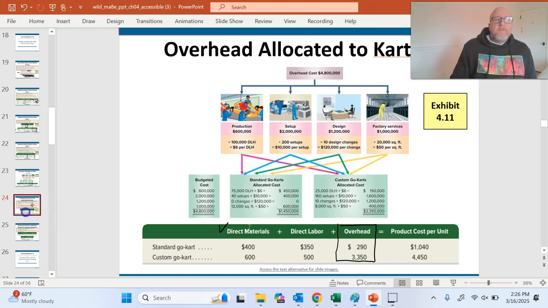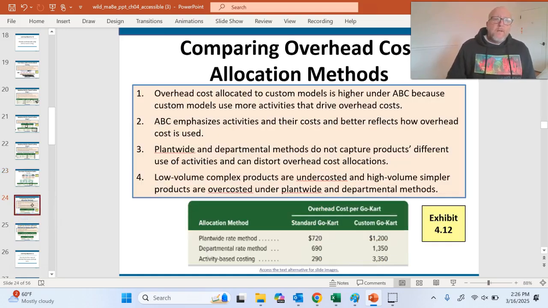And I think there's a good summary schedule. So again, just focusing on this bottom half, and just looking at the standard model, we were saying that the plant-wide approach would allocate $720 of overhead to the standard model. And then we said, let's break that out into departmental, and we refined it slightly.